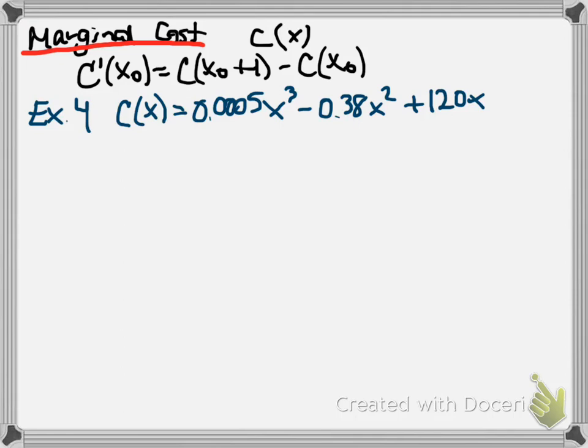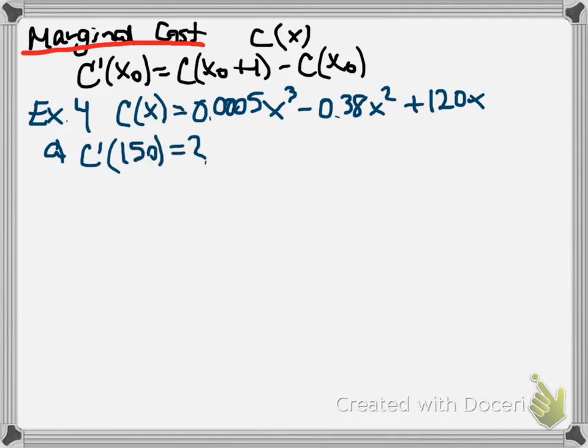Letter A, you have to estimate the marginal cost of an additional passenger if the flight already has 150 passengers. So, marginal cost, C prime of 150.